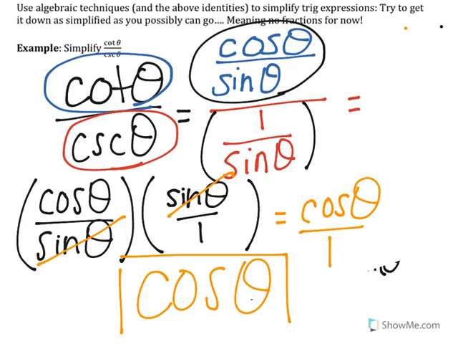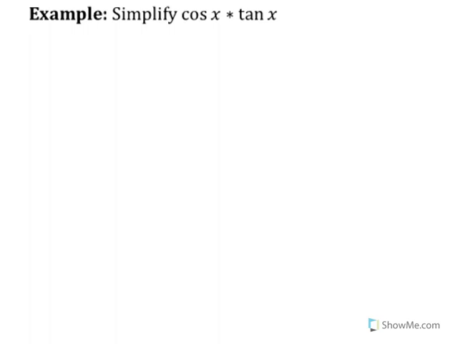And our second one's going to follow suit exactly in the same way. Example 2 says what we are going to do is simplify another trig expression. So the trig expression that we are going to simplify here is cosine times tangent.